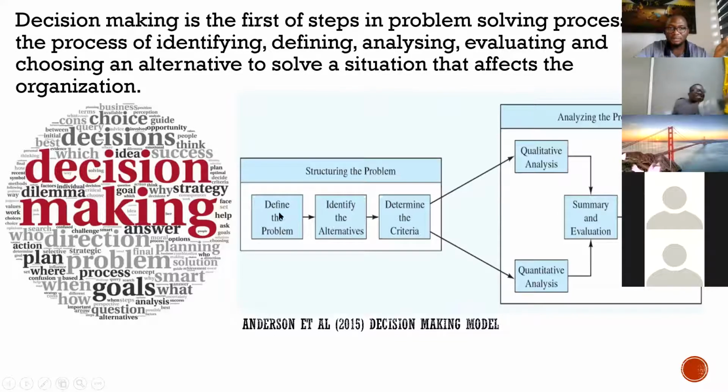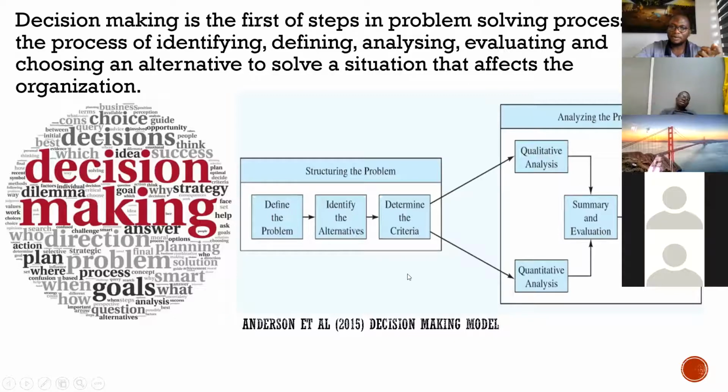First and foremost, we talked about defining the problem, then identifying the alternatives, then determining the criteria, then you do your analysis. You can have a qualitative analysis and you can have a quantitative analysis. And of course, we know what qualitative and quantitative are: that's the number and the value that they add. Then we summarize and evaluate based on all those options. Then we make our decision.